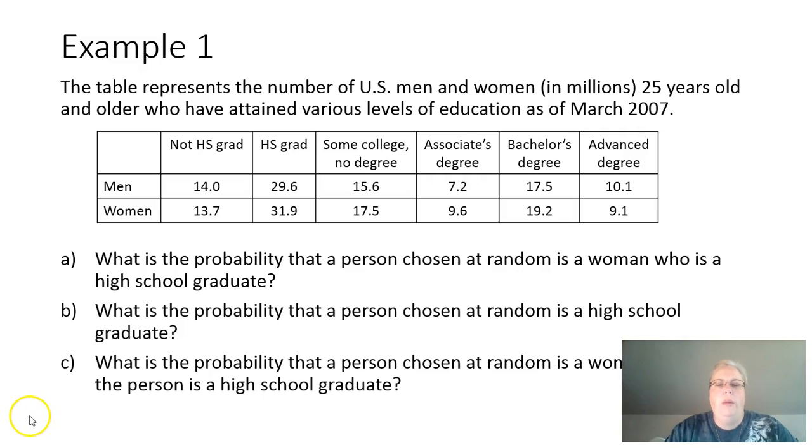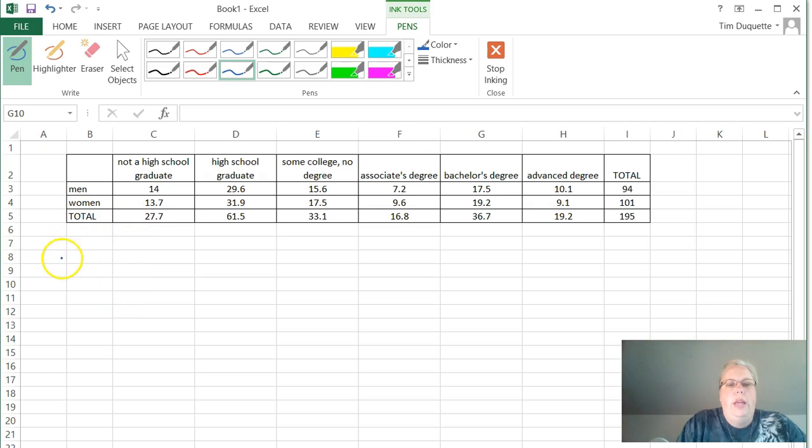C. What is the probability that a person chosen at random is a woman, given that the person is a high school graduate? Okay, if we follow the formula, we're looking for the probability of woman given high school grad.